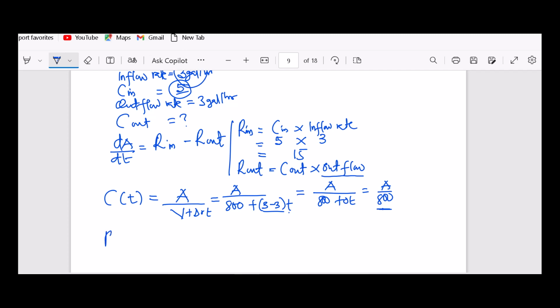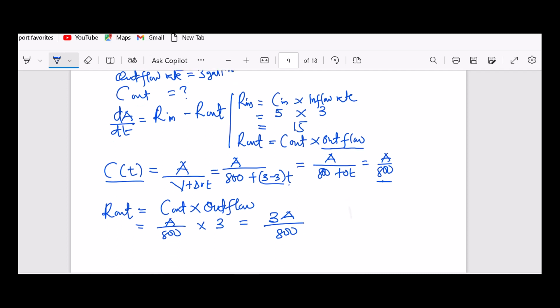So now we can write rate out is equal to C out, which is this, times the outflow, and this becomes A over 800 times the outflow, which is also 3. So this becomes 3A all over 800. So this is the rate out.